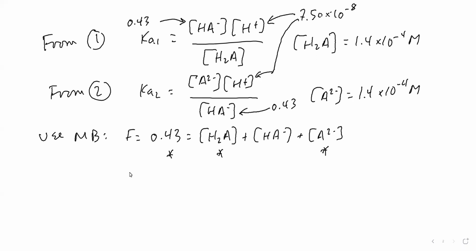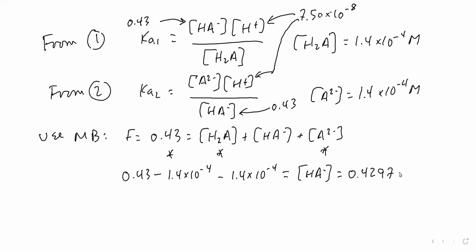So it looks like this: 0.43 minus 1.4 times 10 to the minus 4th for the H2A, minus 1.4 times 10 to the minus 4th for the A2 minus gives us our corrected concentration for HA minus. I got 0.4297, which to 2 sig figs is 0.43. So our assumption that the concentration of the amphoteric intermediate was 0.43 was a good assumption.